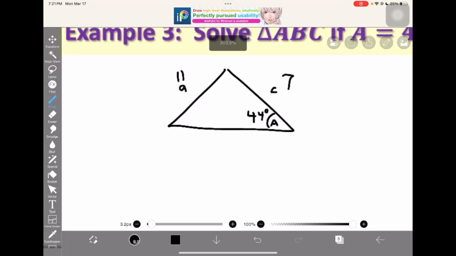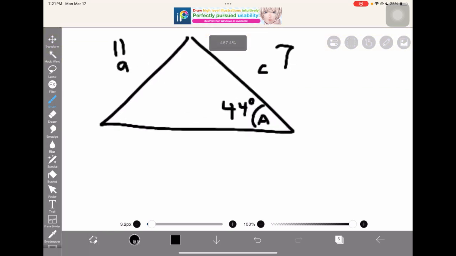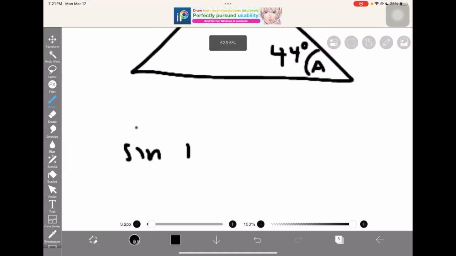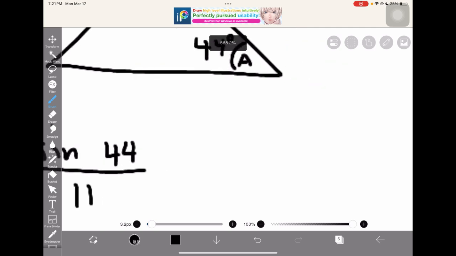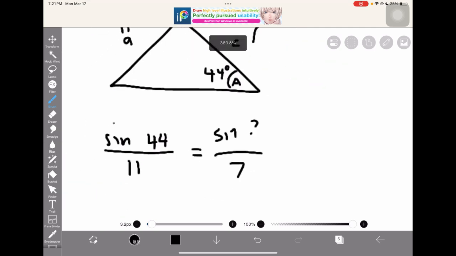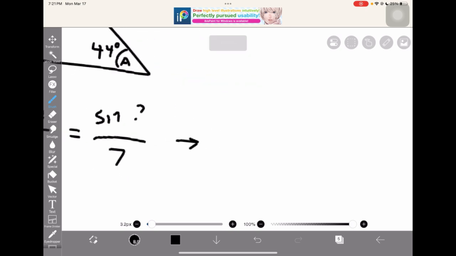So let's use the law of sines once more. So we do sine 44 over 11 is equal to sine of the unknown over 7. Plug that into your calculator.